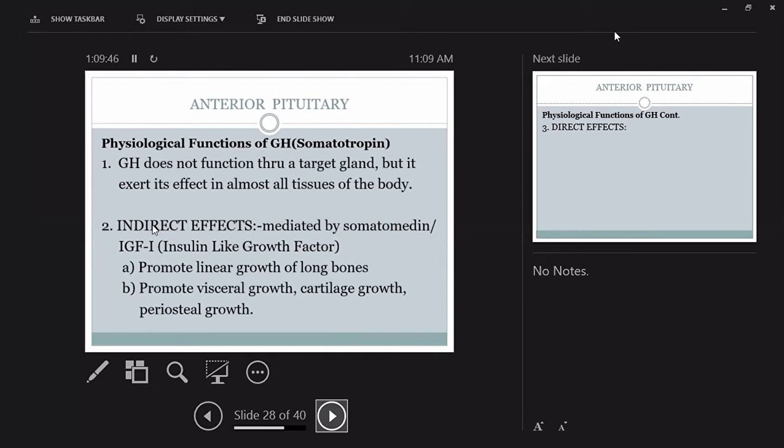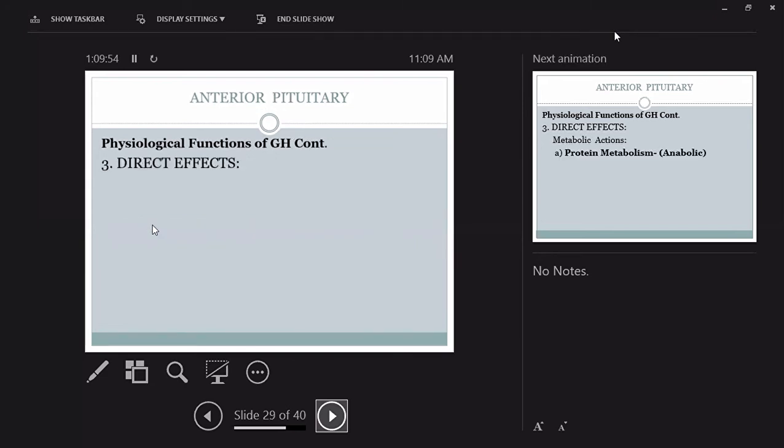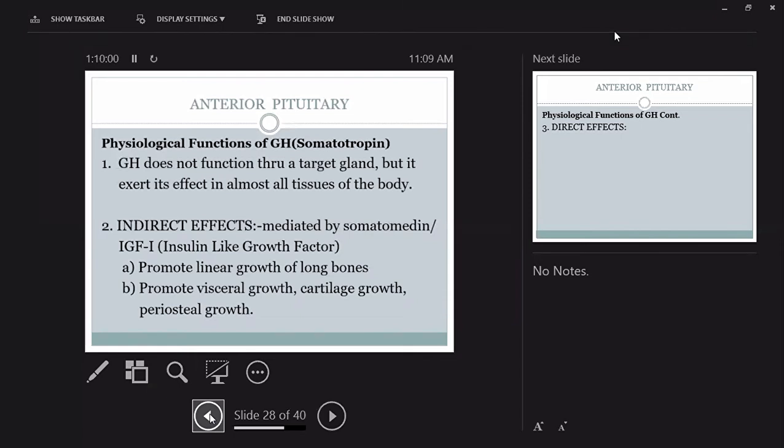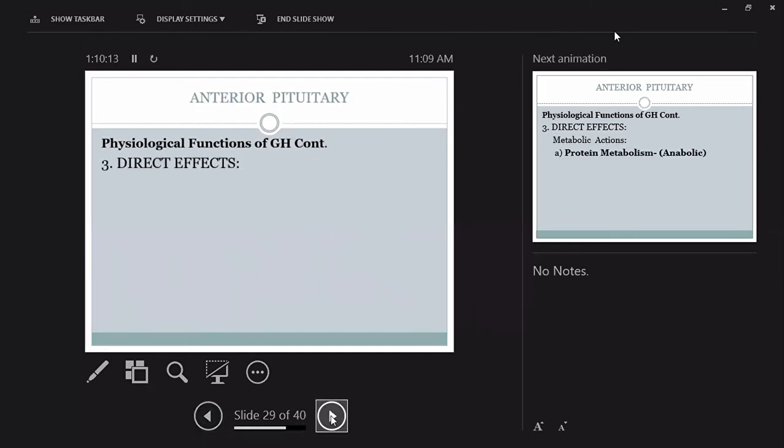They promote linear growth of the long bones. They promote visceral growth and cartilage growth and periosteal growth. See? Lahat is affected by your growth hormone.